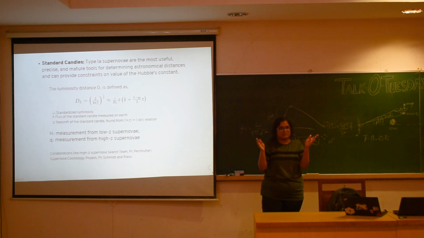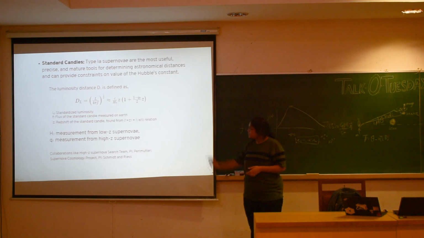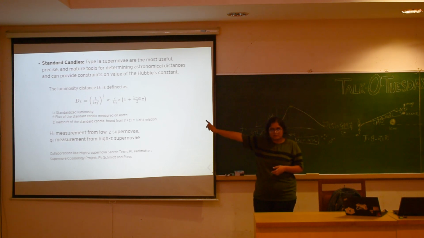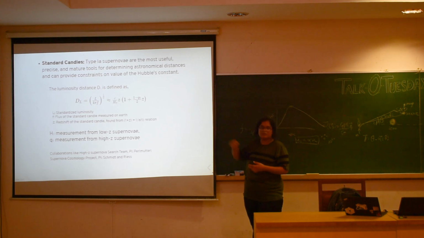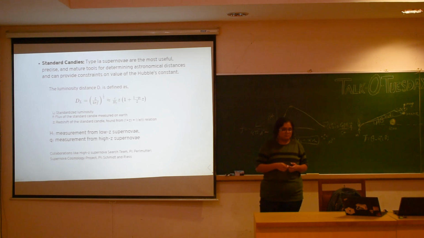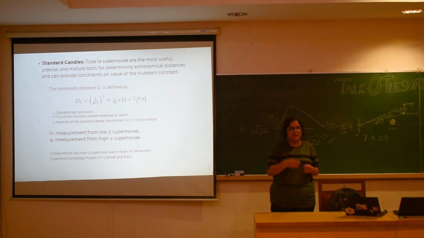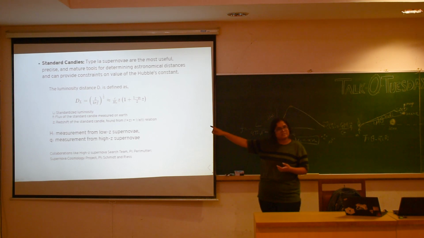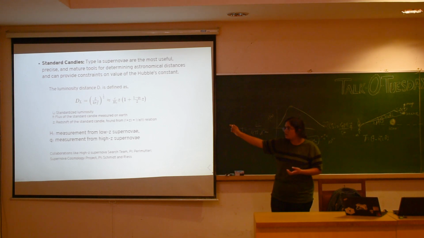He was of course very wrong in giving the value of Hubble's constant because he underestimated the distances. As you might know, calculating distances in astronomy is not a very simple task. So he made that mistake and got a very wrong value of Hubble's constant.